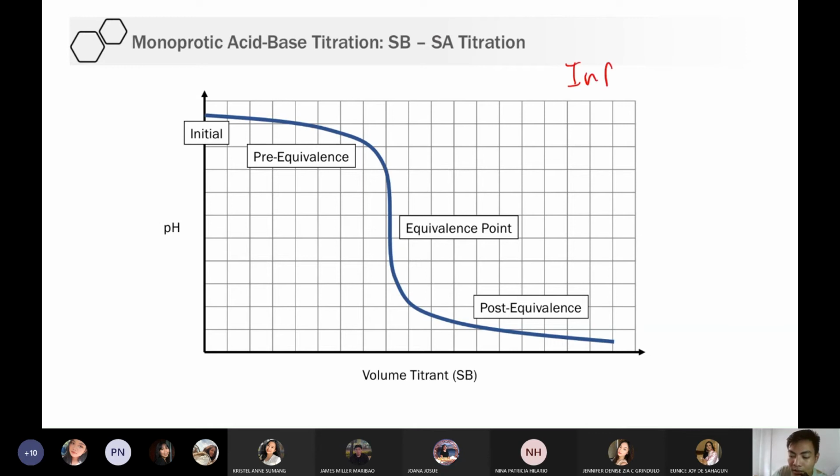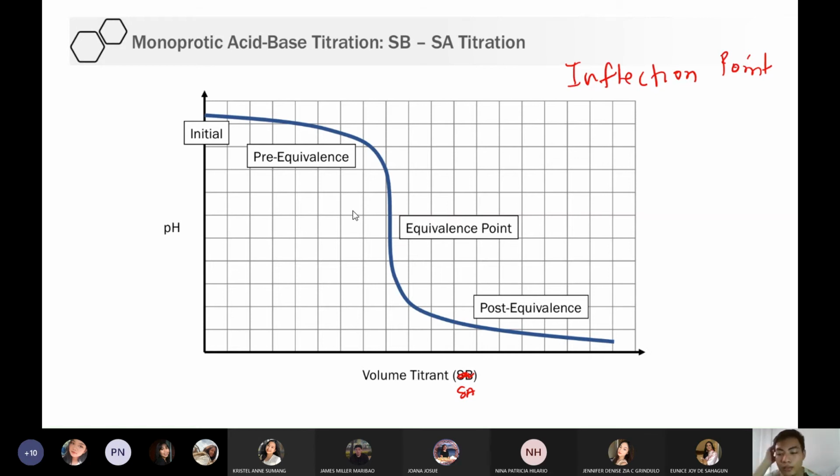Spell ko ulit. Inflection point. And once you have the inflection point, you have your equivalence point. Andun yun sa inflection point, yung equivalence point. Then, after nun, pag nagdagdag ka pa ng titrant na acid, SA to sorry. Pag nag-add ka pa ng titrant na acid, ayun, magiging mababa na yung pH because there is an excess acid.